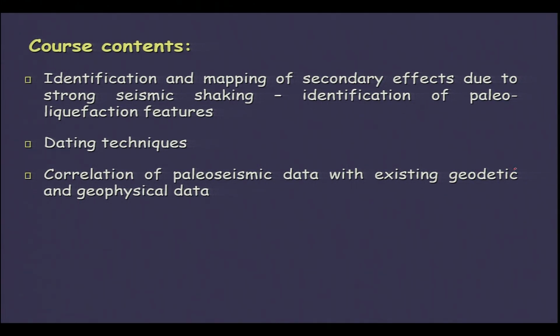Now, geodetic is mainly about the crustal deformation measurements we are doing using high resolution GPS, and these GPS have been installed across the Himalaya by many agencies, and we are one of them. We have almost 20-25 GPS stations installed across the northwest Himalaya, and they give us coordinates at millimeter accuracy 24/7.